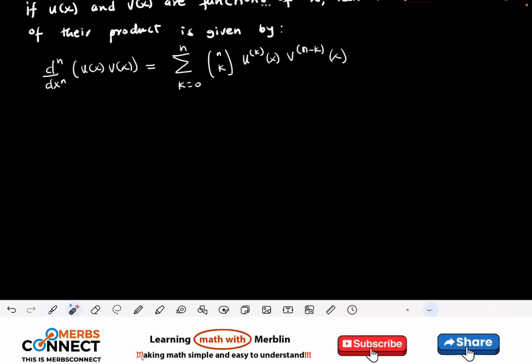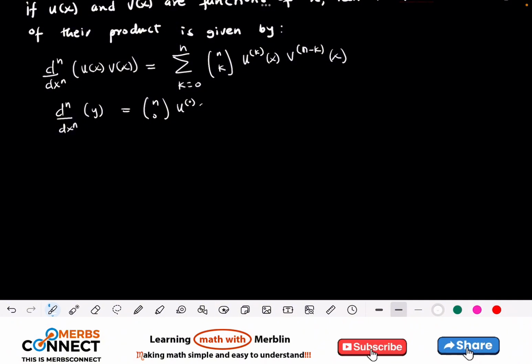Don't get worried. I will simplify it and you will see that it may be a formula that you know already. So I'm going to make sure this is equal to y. So I'm going to have dn over dx to the power n of y, which is equal to, then I'm going to expand. When k is equal to 0, I'll put it inside. When k is 1, up to the nth term. So I'm going to have n combination 0, u to the power 0 of x.